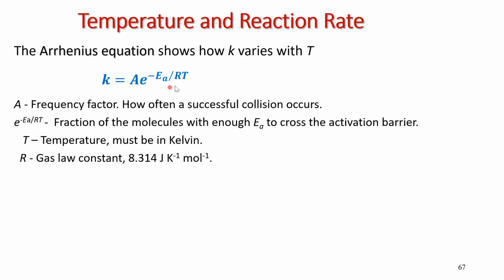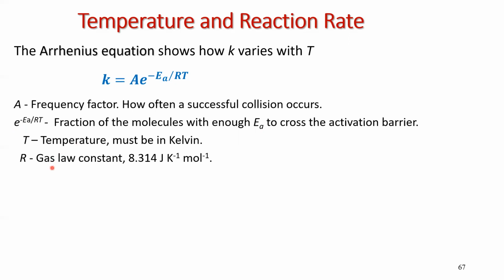This e to the negative Ea over RT tells us the fraction of molecules that have enough energy to overcome that activation energy so that the reaction can actually take place. Now, when we go to calculate this fraction of molecules that have enough energy to actually react, we need to know what the temperature is, and we need to know what R is.